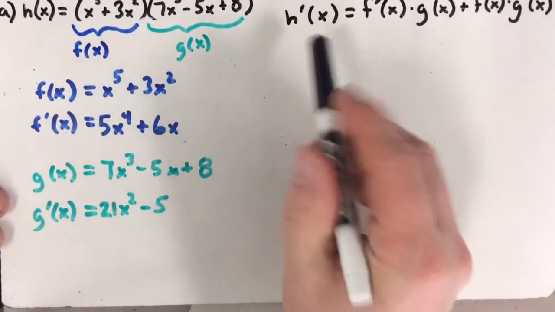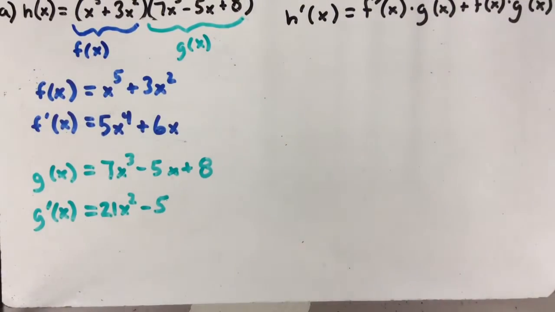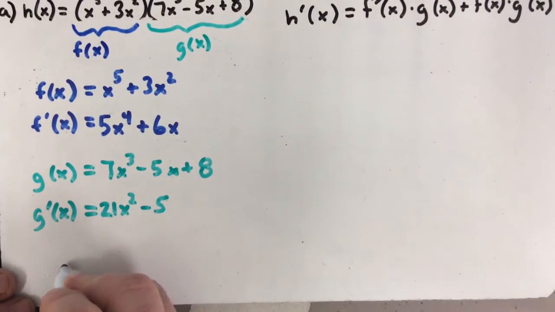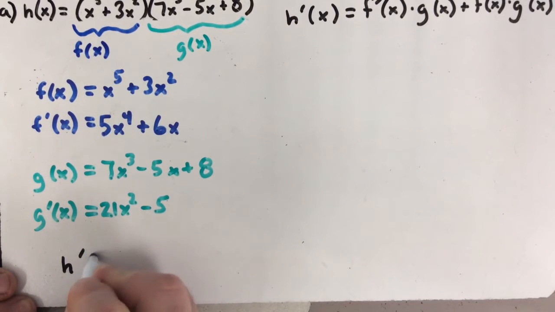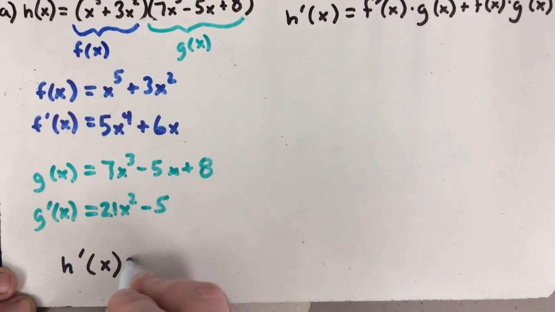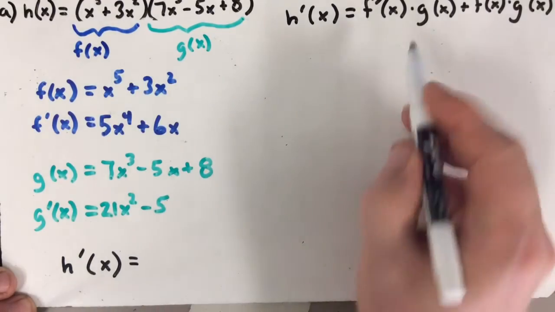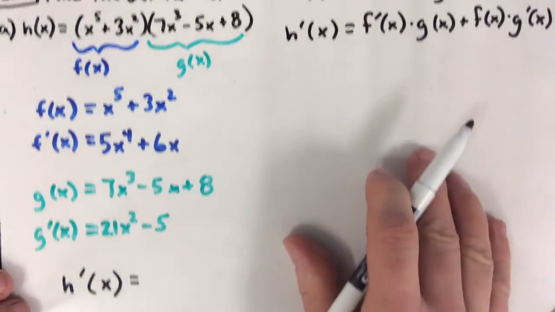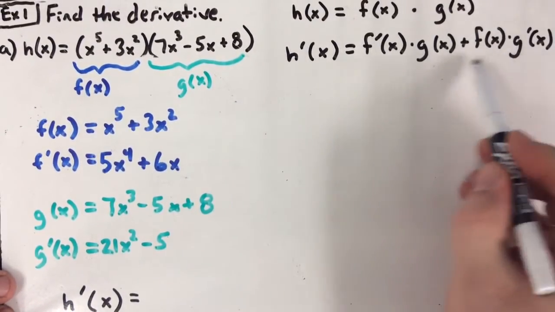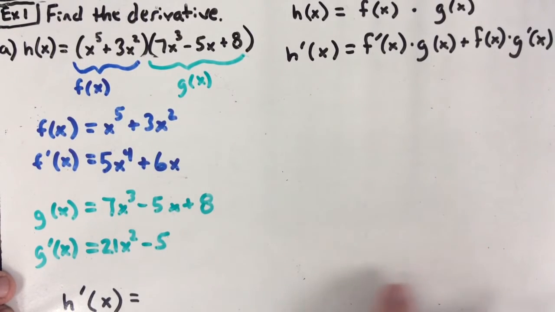Let me copy down what our derivative formula is again. I'm going to space it out a little bit. So we want to take the derivative of the original function. That is equal to, so I'm going to just copy this formula down again right here, and I'm just going to spread it out a little bit so that we can line things up underneath it when we do the calculation.